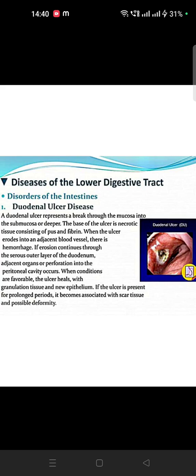It continues to the serous outer layer of the duodenum and adjacent organs, and perforation into the peritoneal cavity occurs. When the ulcer heals, there is granulation of the tissue and new epithelium. Only the upper skin layer can erode. Over a prolonged period, it is associated with scarring.